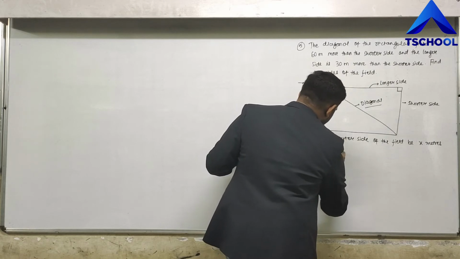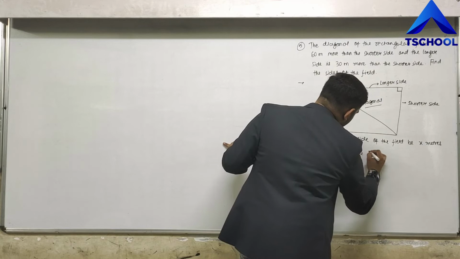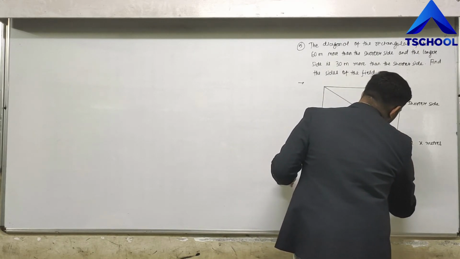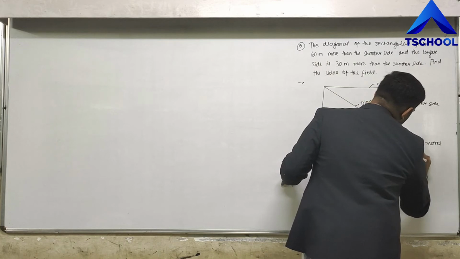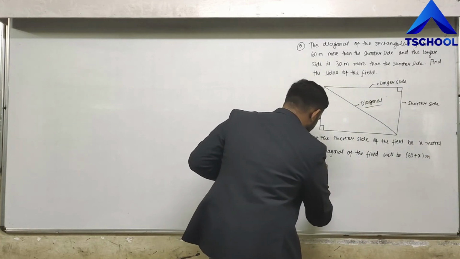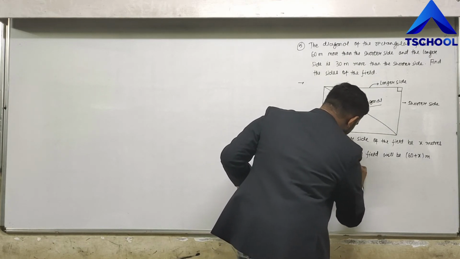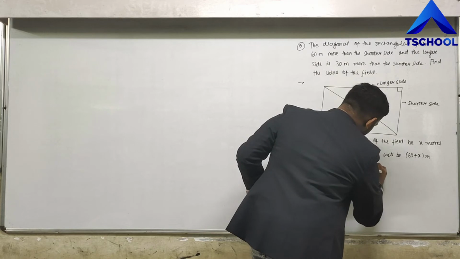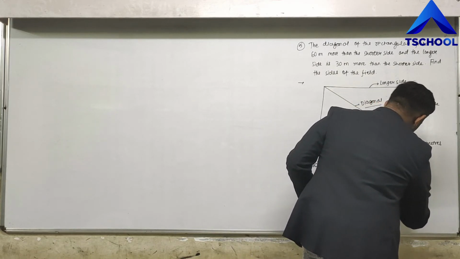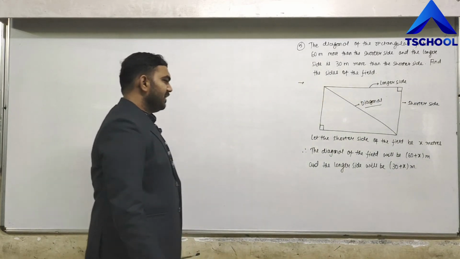The diagonal of the field will be 60 plus x meters, and the longer side will be 30 plus x meters, right?